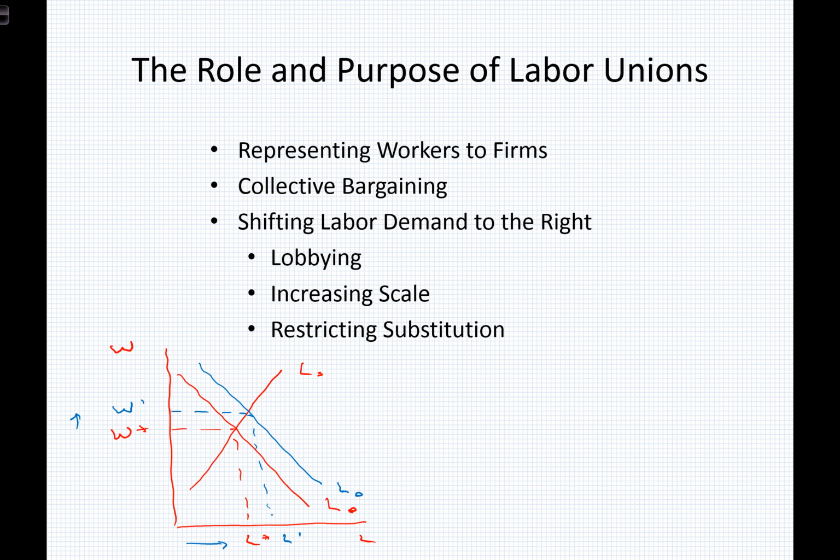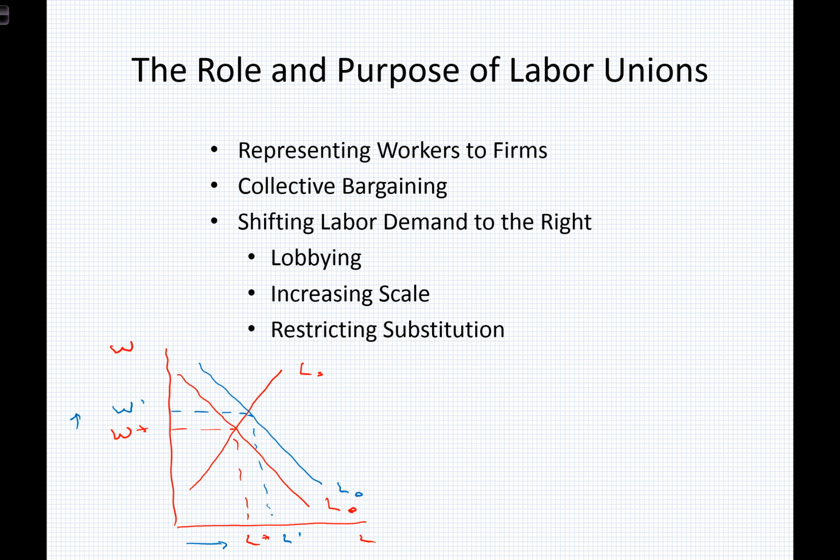So when we think about the increasing scale or scale effects of the shifting of this labor demand to the right, or the lobbying efforts of labor unions, the increasing scale effects has to do with trying to lobby for ways to see to it that more union members are required within private enterprise, and more union members are required within the public sector, and in contracts that the public sector might let out to private enterprise.